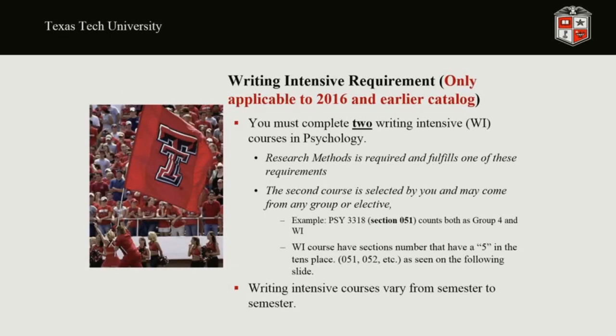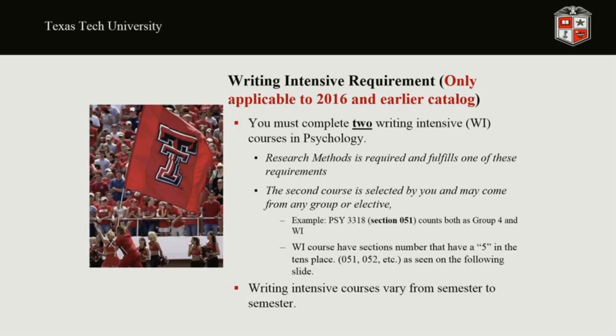If you are on the 2016 or earlier catalog, you are required to have 2 writing intensive psychology classes. Research methods, which everyone has to take, is one of the writing intensive classes. It is always writing intensive. The second class is anything that you choose, as long as it's psychology.